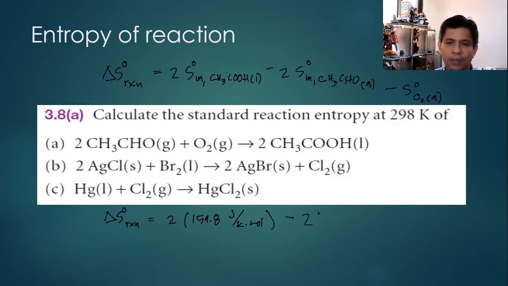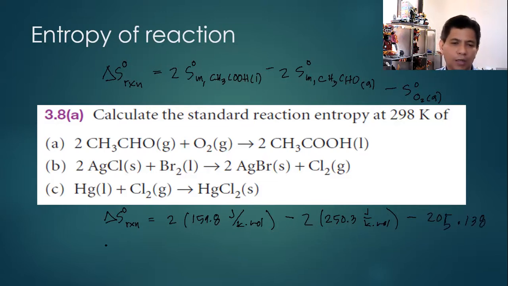So 2 again times the standard molar entropy of ethanol, that's 250.3 joules per Kelvin per mole. Tapos minus the entropy of oxygen gas. Standard entropy of oxygen gas is 205.138, ano? 205.138.